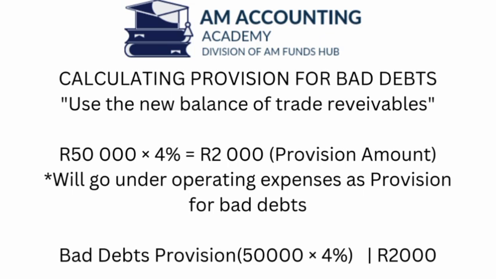This amount will go under operating expenses as provision for bad debts, or another word, credit losses. So therefore, bad debts provision, open brackets 50,000 multiplied by 4, and that will give you 2,000 on the total column. Now remember to write the calculation in brackets, as if your amount is wrong on the total column, at least you might bag some marks on your calculation.